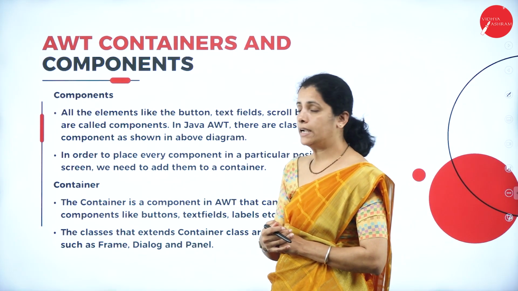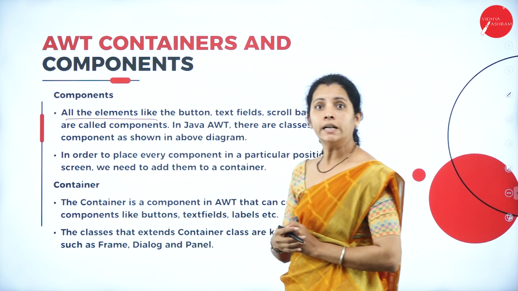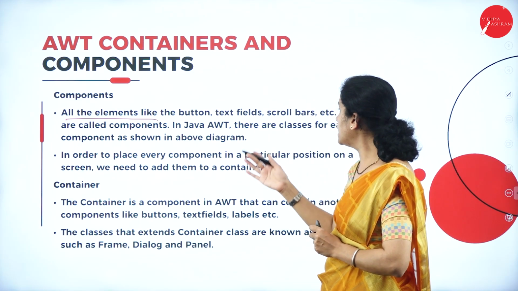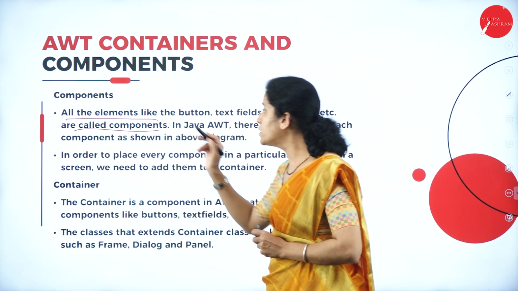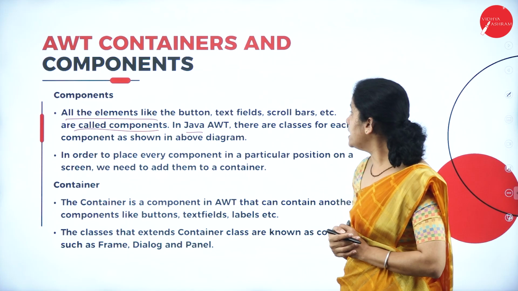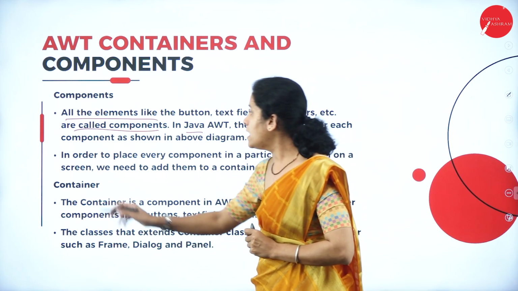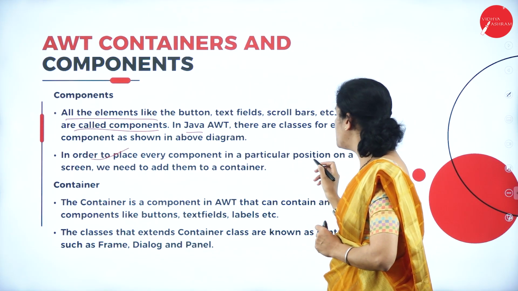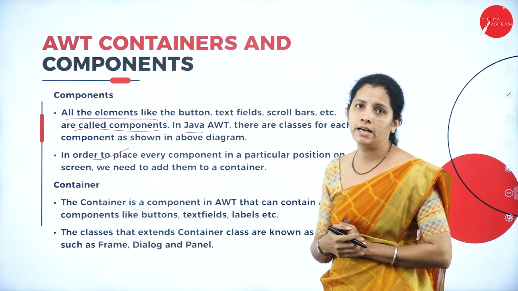Now, dear student, I have the container as well as the component. So what is a component? All the elements like text box, label, text field, buttons, scroll bar, etc. are called components. In Java AWT, there are classes for each component. In order to place every component in a particular position on the screen, we need to add them to the container.